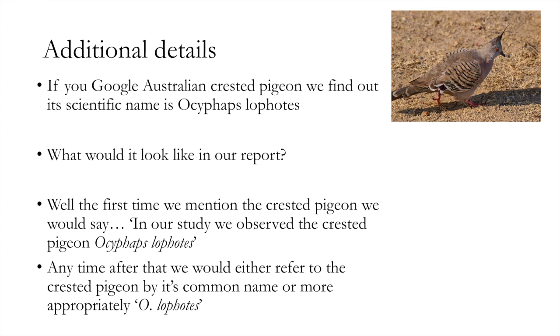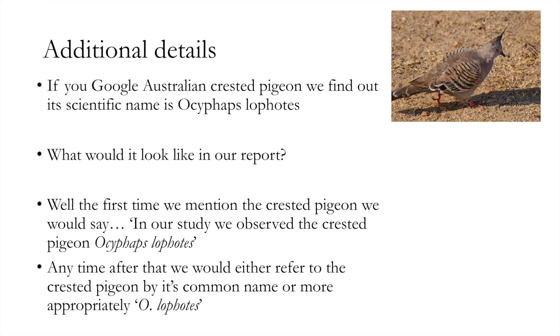So if you really want to strengthen your paper, I would strongly recommend you insert the scientific name. Even if you just insert the full name once, the first time you mention that species, and then if you want to refer to that species using the common name for the remainder of your report, that's fair enough.